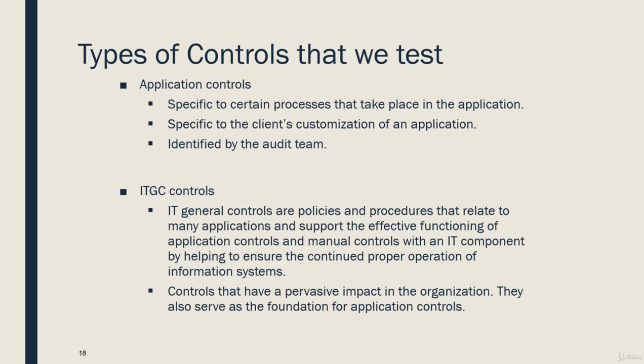For example, application controls will be controls over approval limits and authorizations for payment. For example, this person can only approve up to X dollars for payment. Or you could also have authorization to edit specific journal entries or access to run and view specific HR reports.